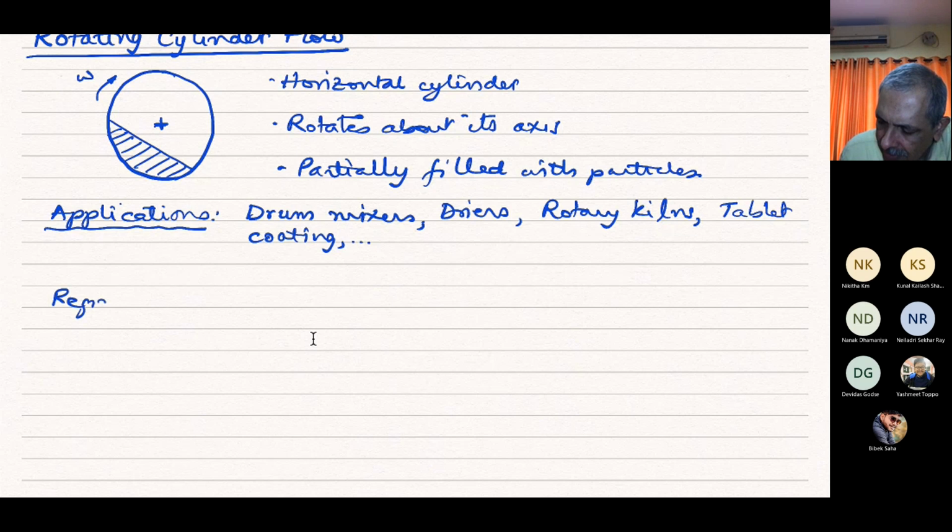There are also many regimes of flow, as you might expect. There are two control parameters. What is the amount of material you fill? That is the fill fraction. And the other one is the rotational speed.